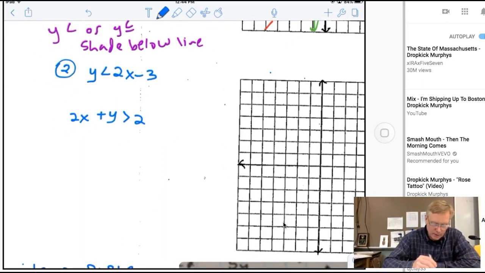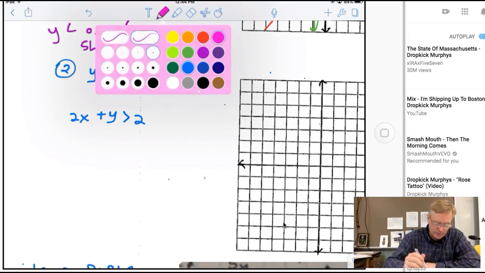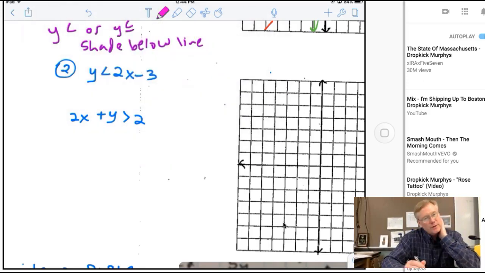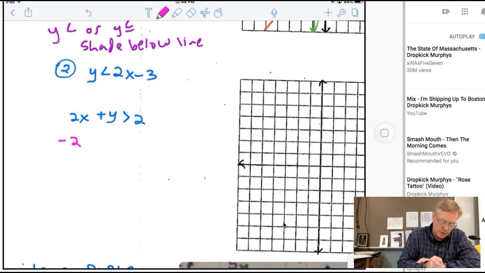This one, similar to the first one, the only difference is I don't have y alone. I got 2x plus y is greater than 2. I really like to have y alone in this, so I'm going to manipulate this equation. What's in the way of having the y alone is that plus 2x. Opposite of adding 2x is subtracting 2x. So I've got y is greater than, you can write that either 2 minus 2x.